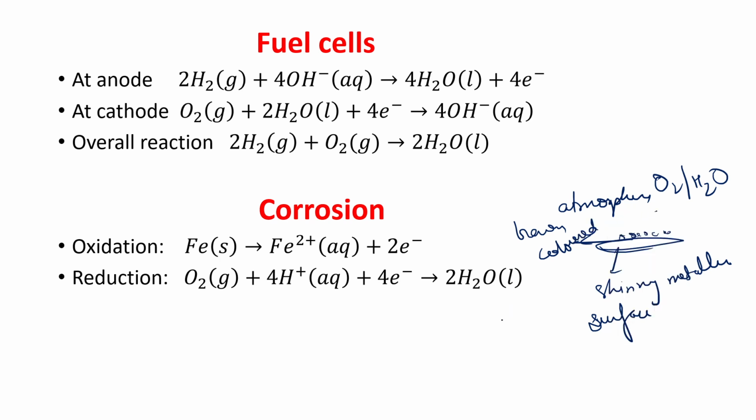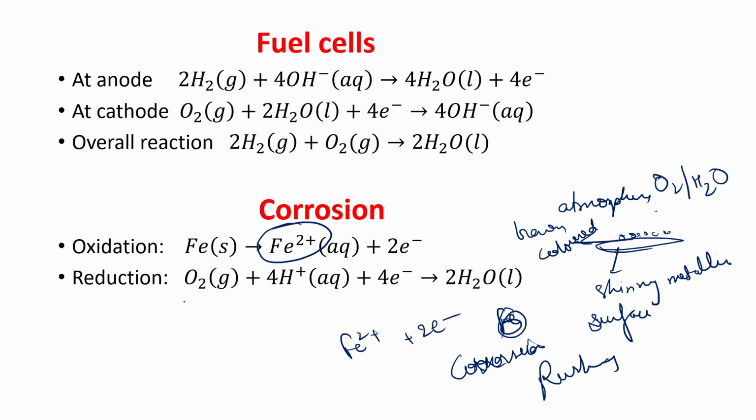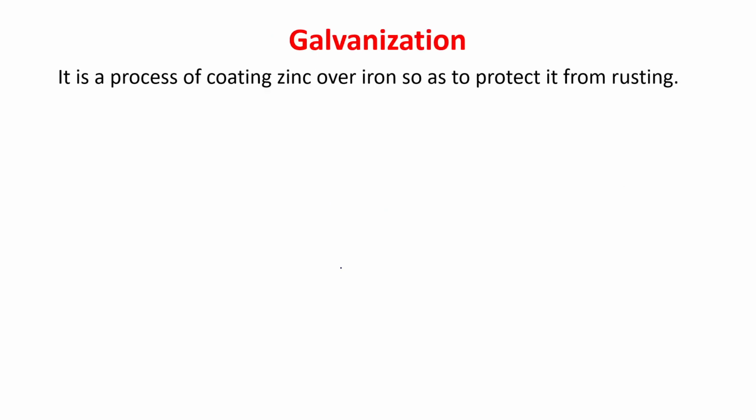This is because of the corrosion of iron, or we can call it rusting. So iron gets oxidized to iron 2 plus along with the release of two electrons, and the reduction is happening because of the oxygen. This oxygen is getting reduced to 2H2O molecules by taking 4 electrons and 4H plus ions.